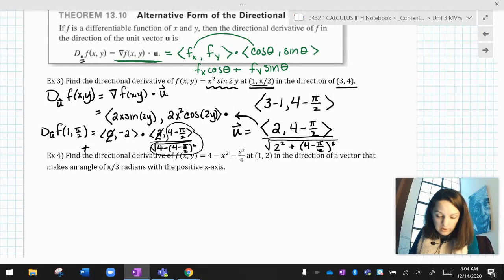So I have negative 2, and that's being multiplied by 4 minus pi over 2. And that's all being divided by the square root of 4 minus pi over 2 squared.